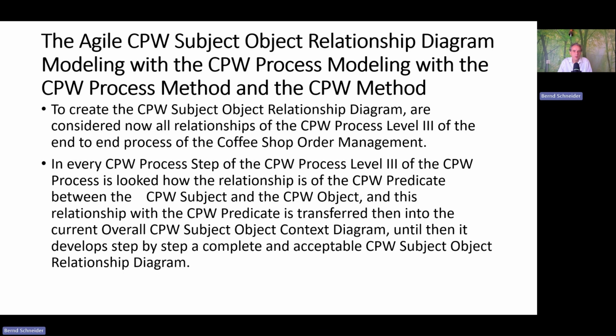In every CPW process step of the CPW process level 3, we look at the relationship of the CPW predicate between the CPW subject and the CPW object, and this relationship with the CPW predicate is then transformed into the current overall CPW subject-object context diagram. Until then, it develops step by step into a complete and acceptable subject-object relationship diagram.